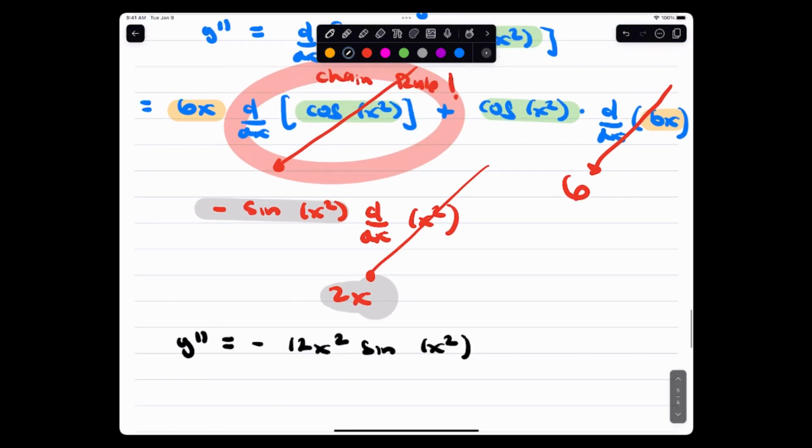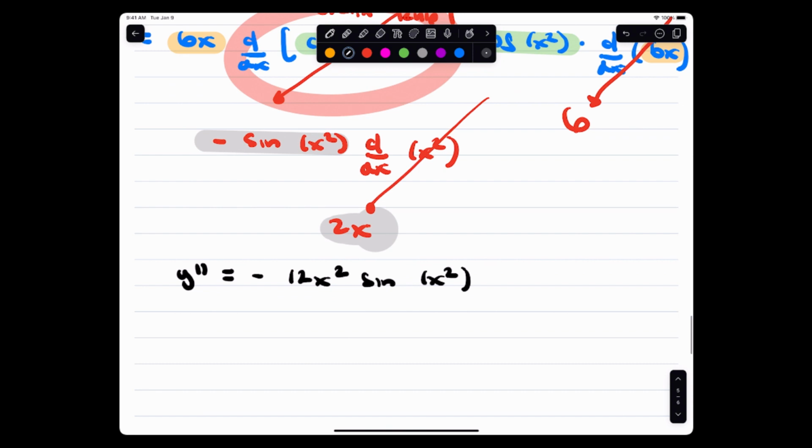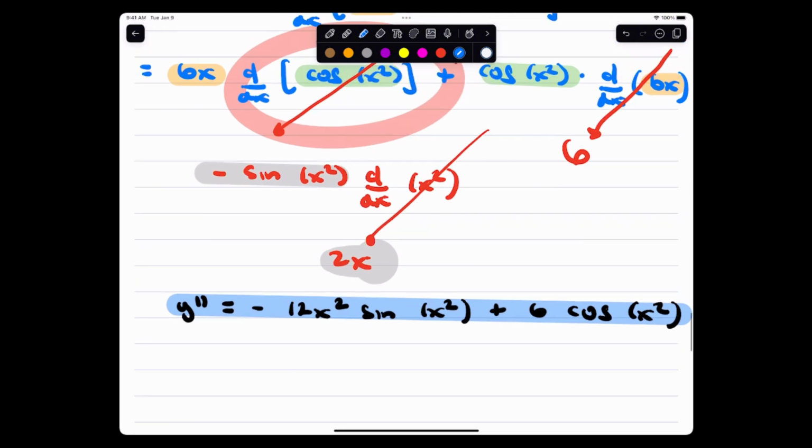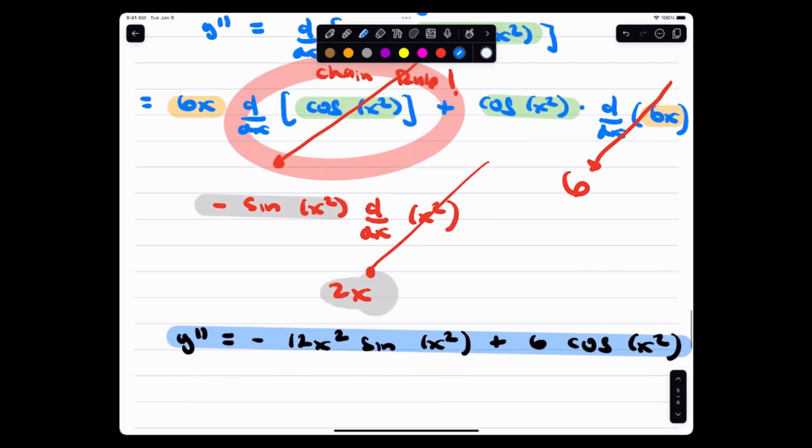Sine x squared. Plus what? 6 cosine what? X squared. And there you go, ladies and gentlemen. Is that easy peasy lemon squeezy?